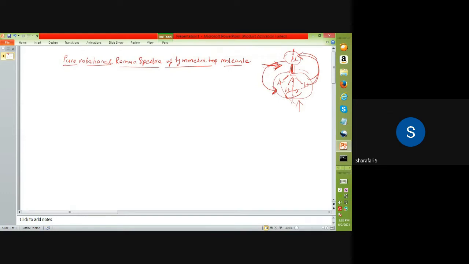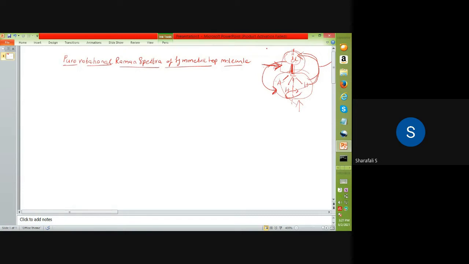But in the above, if you consider the molecule like this, then here we have a different kind of polarization, and the net polarization we have to consider along that particular axis when you apply the electric field. In that case, the polarizability ellipsoid will look one way.